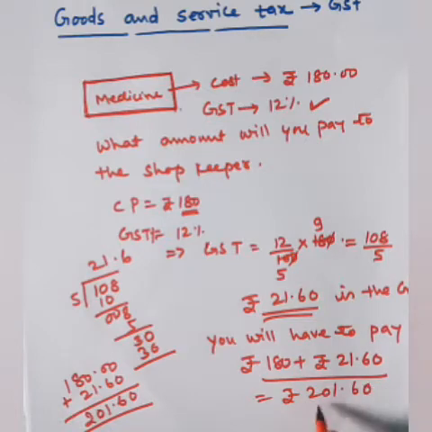Now the medicine cost will be rupees 201.60. He will not give it to you for rupees 180. So this extra amount which you are paying as GST is to be added to the actual price of that particular medicine. Okay, so this is how you find the value of GST.